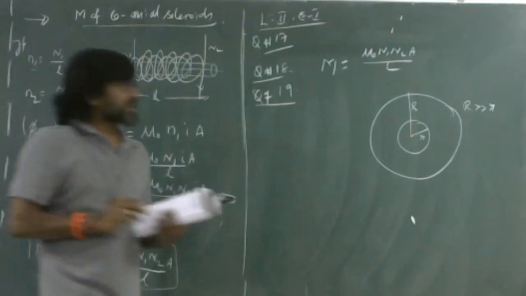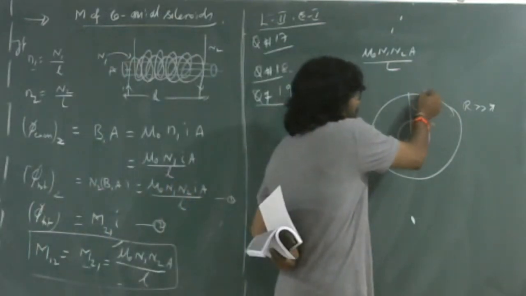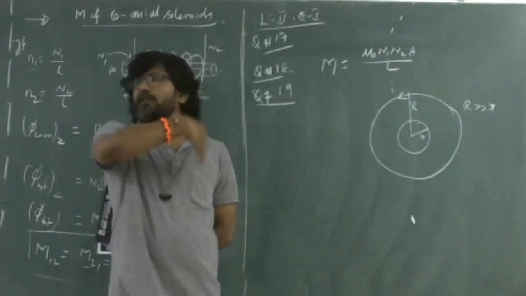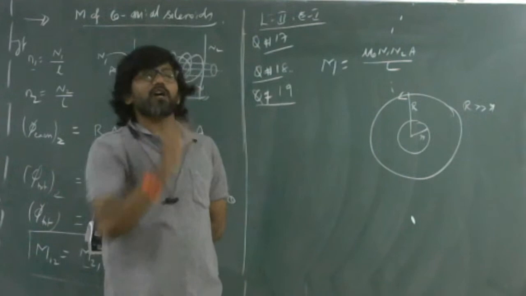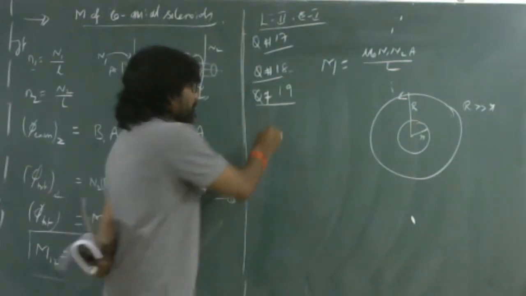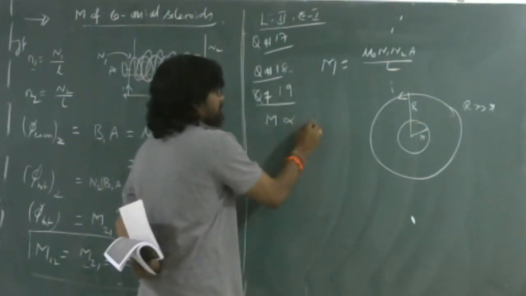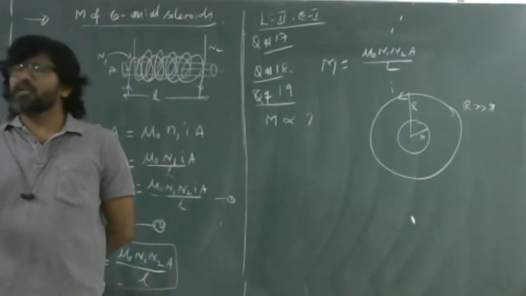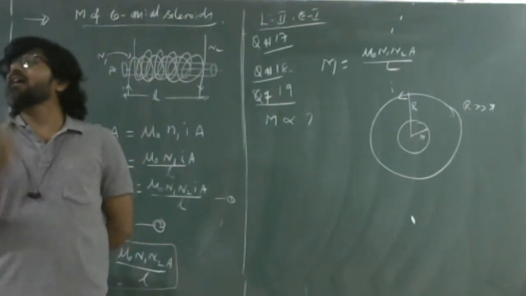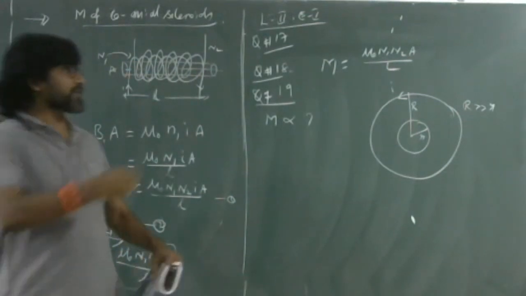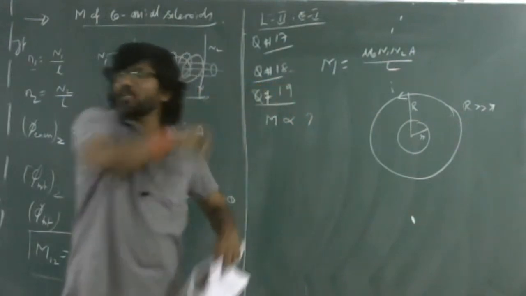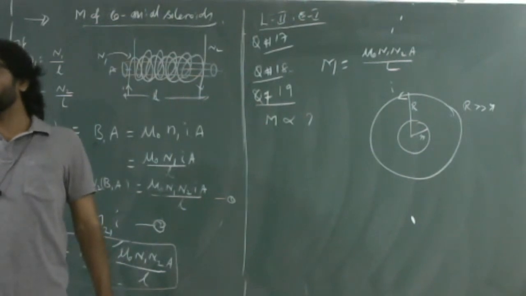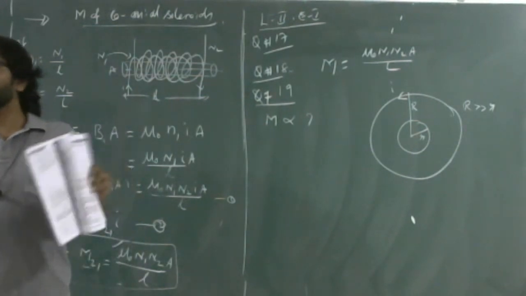So what we have to understand is, provided a current I is flowing in the outer or larger coil, then the coefficient of mutual inductance is proportional to what? That is the question. Actually, it has to be given clearly that the current I is flowing in the larger coil. Usually in normal exams, everything is clearly mentioned. Hidden data will not be given.